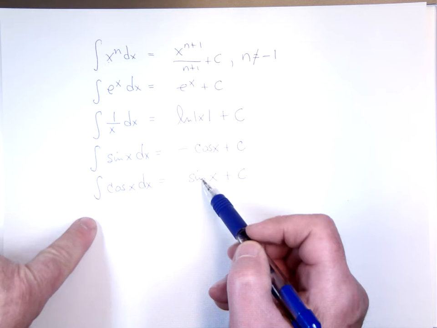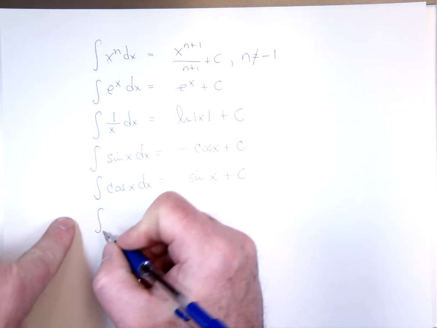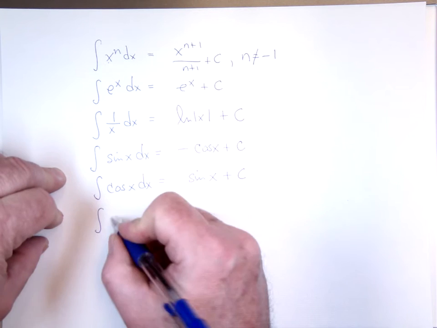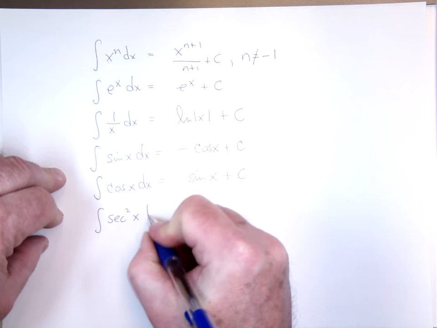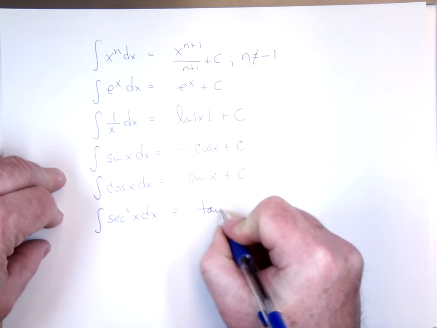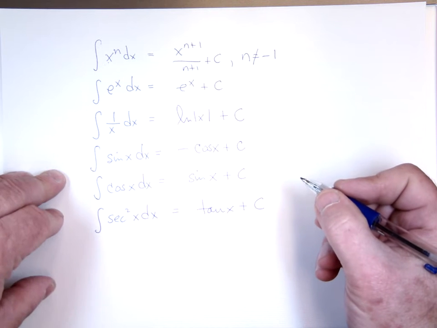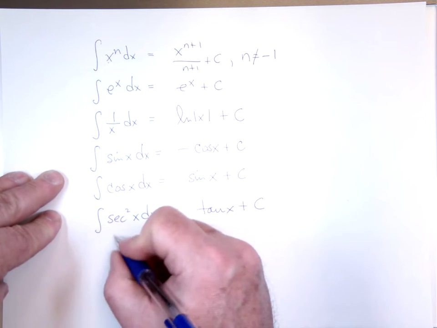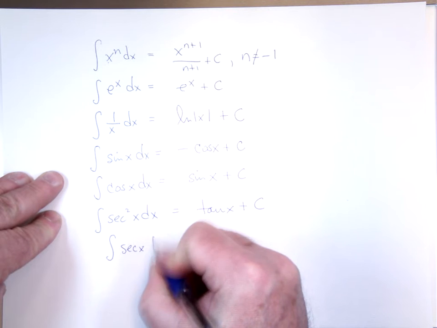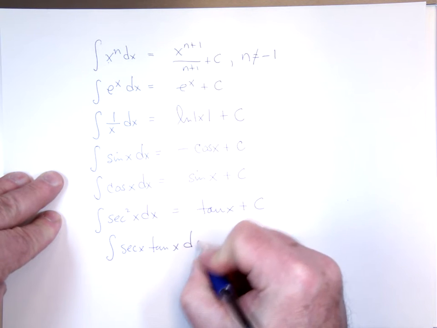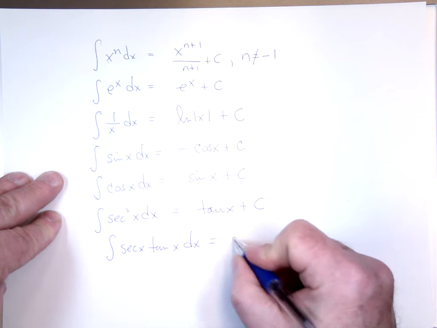I believe I also gave you a secant squared to be tangent. And I may have even given you a secant tan, which is secant. How do we know this?